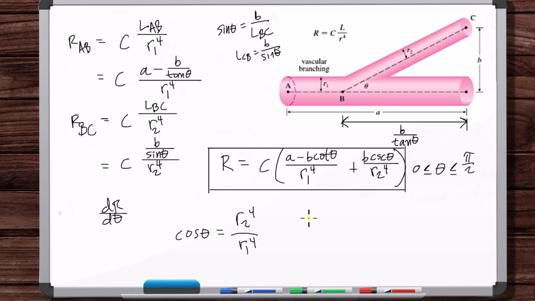Okay, and the idea is based on the nature of the function. If you can just show that there's no way that the endpoints are going to be the absolute minimum value, then this would have to be the absolute minimum value associated with dR d theta equaling 0, like associated with a critical point. But to me, you can't do that because you can't treat B as a constant.